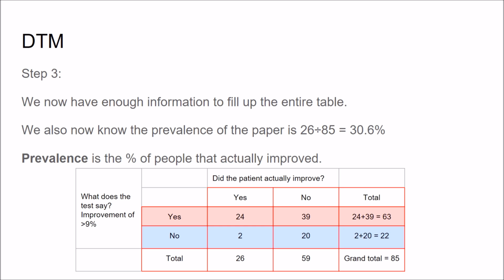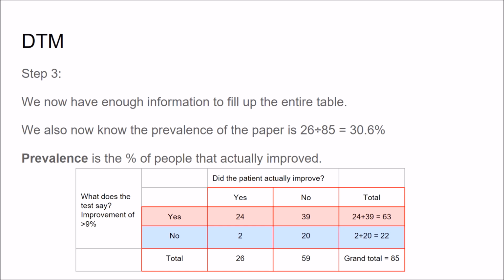So if we look at the pink row, which is the test saying yes, the patient has improved by more than 9%, the total is simply 24 plus 39, which gives you 63. The same applies when we look at the no row, where we add up all the blue boxes, which is 2 plus 20, and gives you 22.